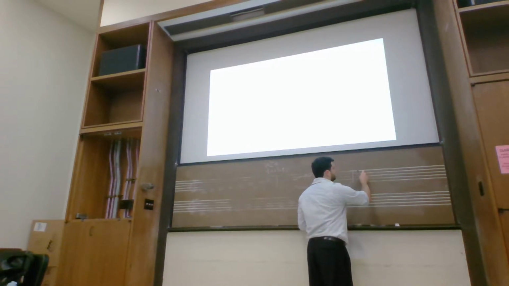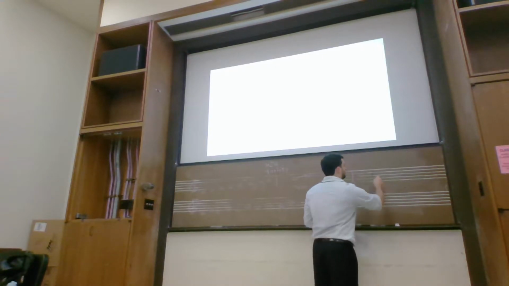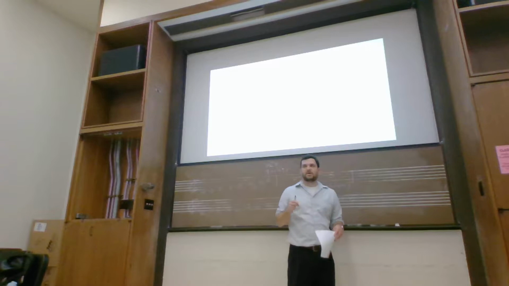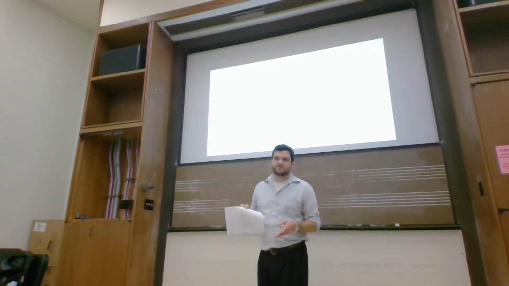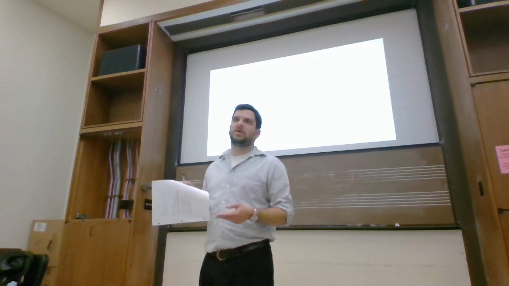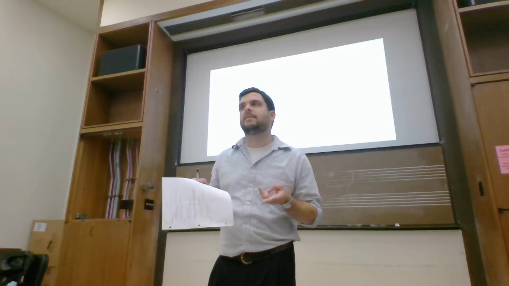If I were to have a C followed by another C, then I wouldn't really have moved anywhere. There's no real space between one instance of C natural versus another one, except for the fact that maybe one came before the other.